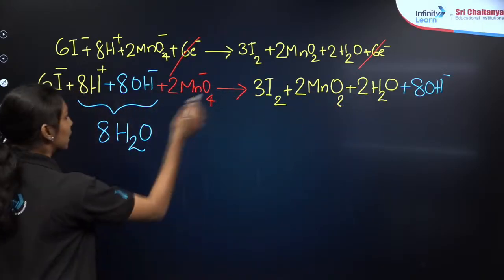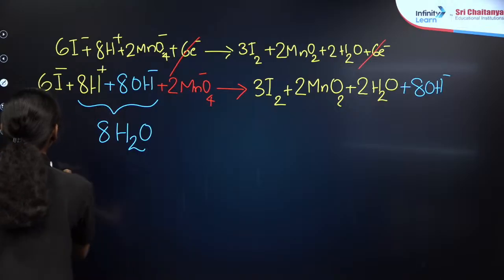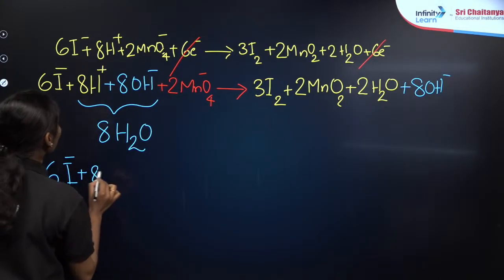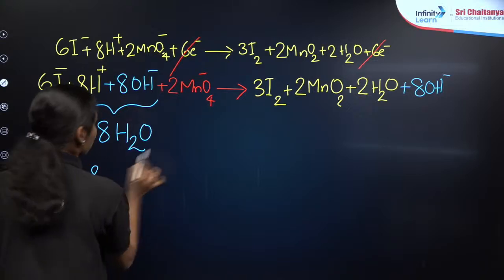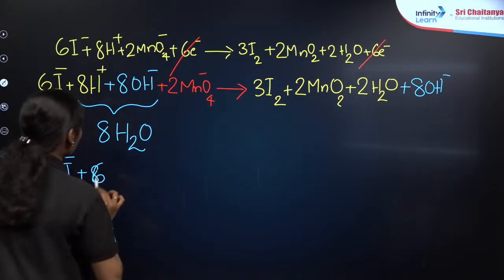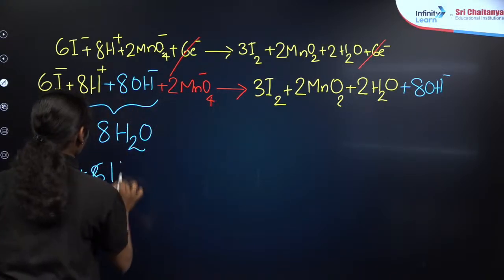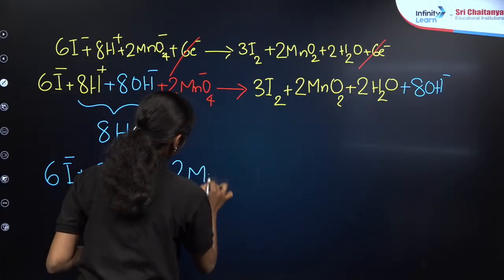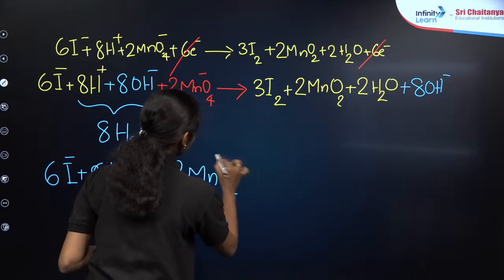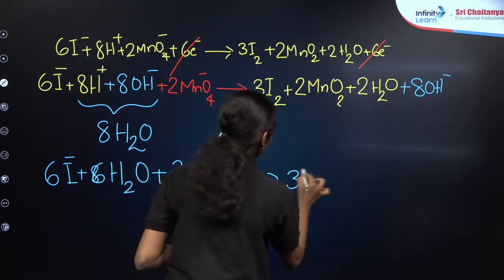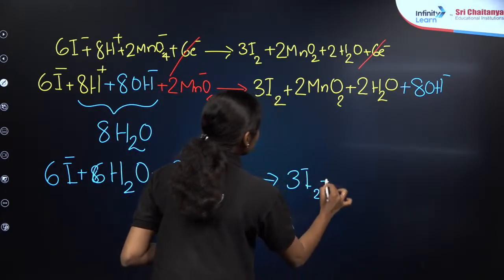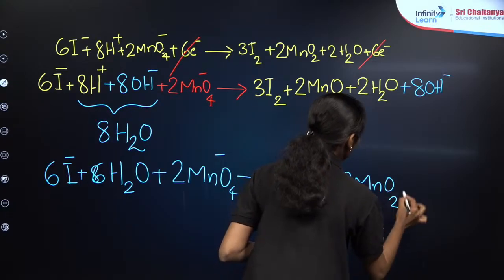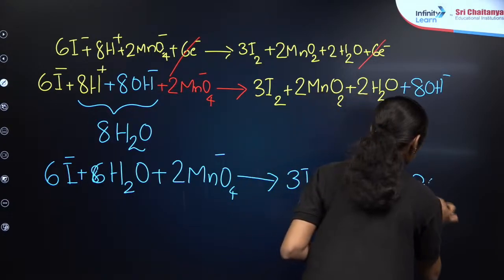So I am deleting those 4 water molecules from both sides. Then the final equation will become 6I minus plus 4 water molecules, 8 minus 4, plus 2MnO4 minus gives 3I2 plus 2MnO2 plus 8 OH minus.